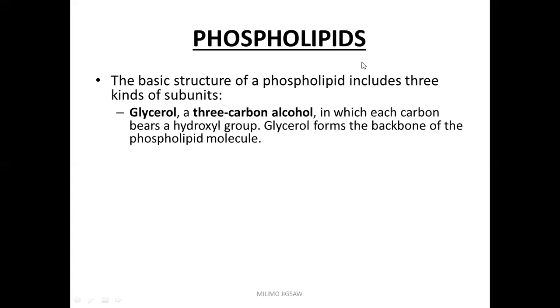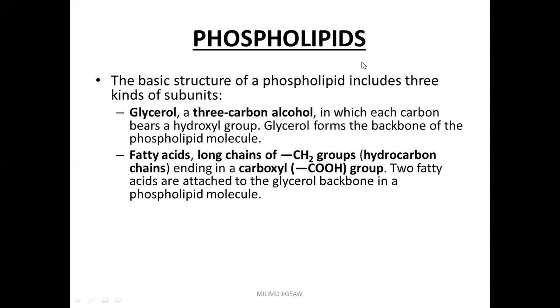Now, when you look at the structure of a phospholipid, it consists of glycerol, which is a 3-carbon alcohol, as we have explained. This forms the backbone of the phospholipid molecule. The other part is that phospholipids consist of fat acids, which we've already explained.